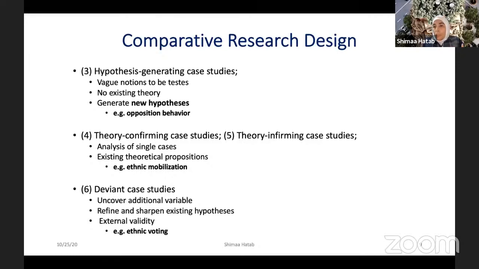So the already existing theories do not help you understand what happened in some contexts or countries, and that's why you need to develop your own comparative research design in order to generate new hypotheses, and that would help in building a new theory.